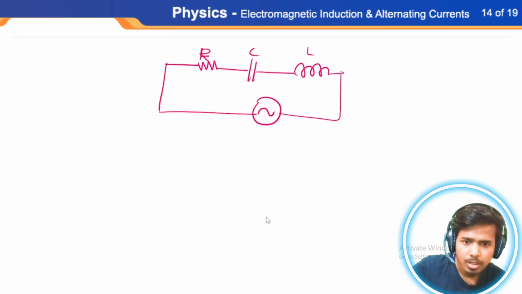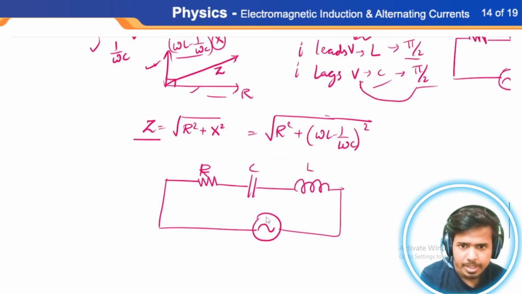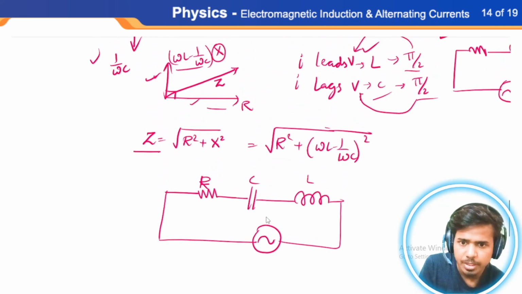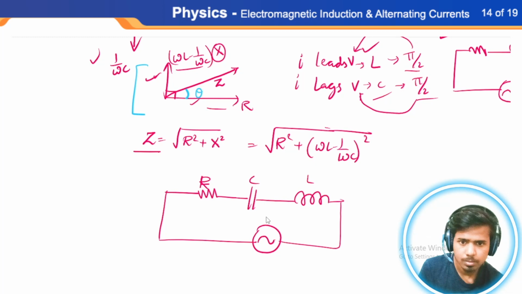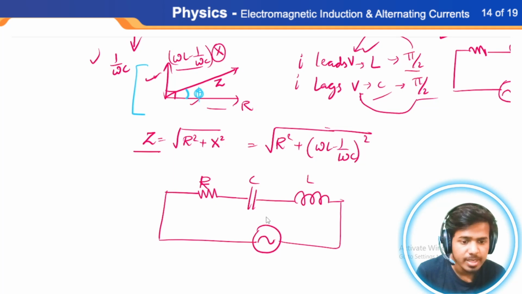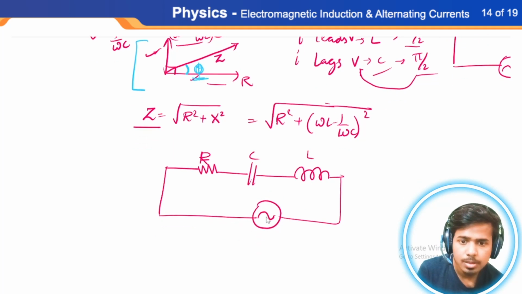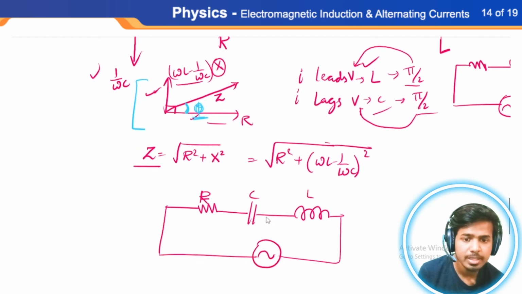First of all, the phasor diagram. What was the phasor diagram? Yes, this was the phasor diagram that you have to look into. This is called phasor angle, or phi, sometimes represented as phi. First of all, how do you find the phasor angle? Either in the form of tan theta, or you can even use cos theta.